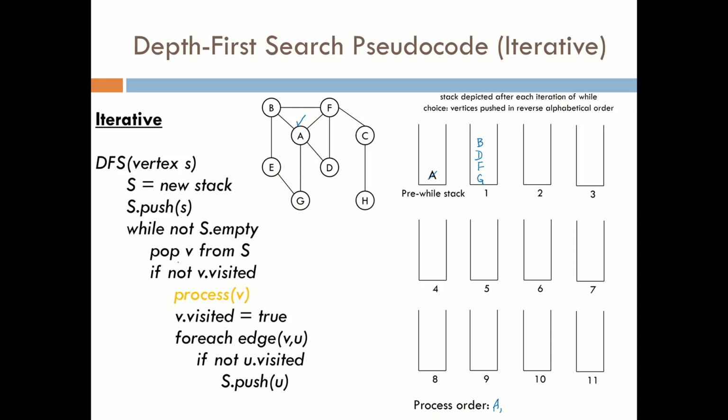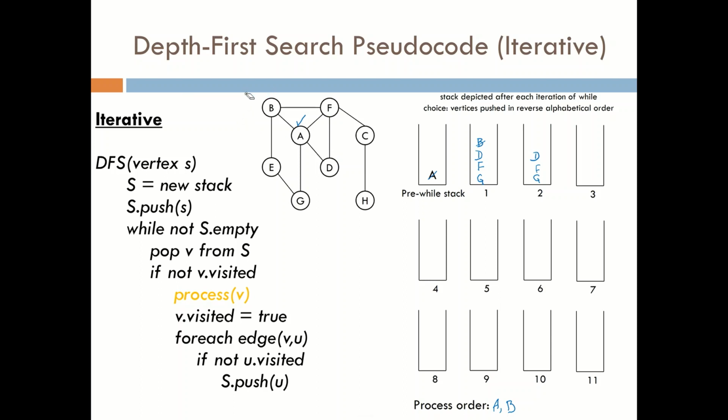So at this point, we will pop B from the stack. So I will remove B, and then I will show the stack here. So G is here, F is here, and D is still on the stack. And now let's look at it. Since B has not been visited, we will process B. Okay, so we'll add B to the output stream, and we will mark B as having been visited.